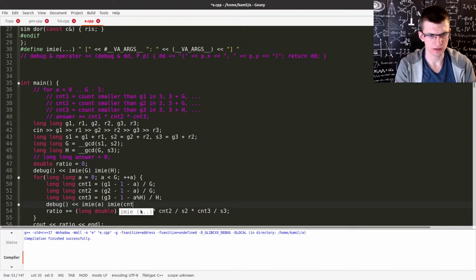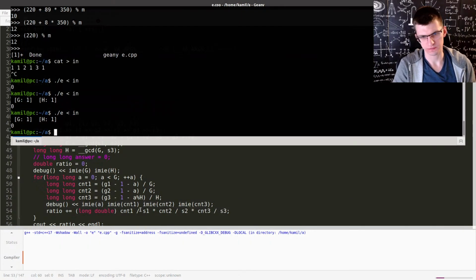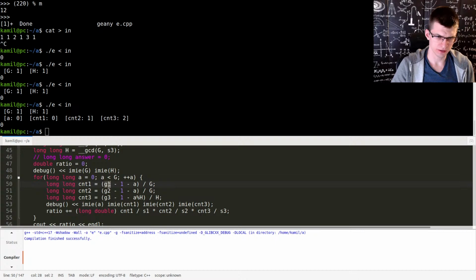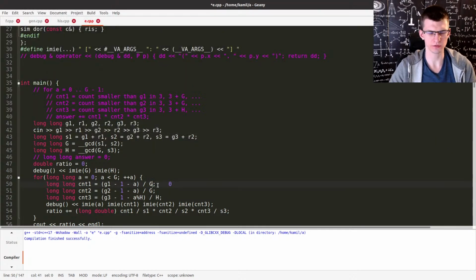Let's print A, count 1, count 2, count 3. Count 1 is 0. Print 1 is 1. Let's think what is going on. Among numbers 0, I want to count those smaller than G1. And this is 0 divided by G, so something's wrong.